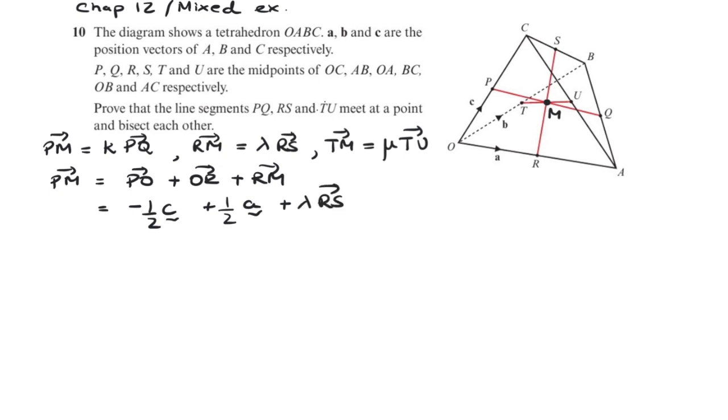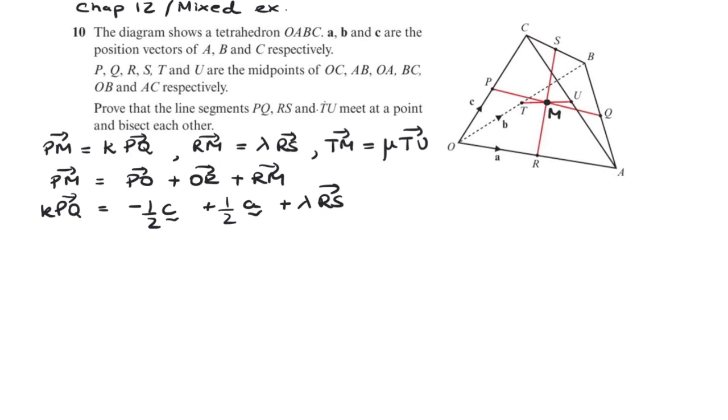So that's our PM, and in fact PM is equal to k times PQ. I can see over here that there are two unknowns. We don't know what PQ or RS is, so let's find them out one by one. Let's start with PQ.